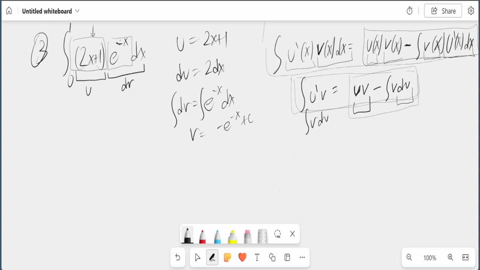We get uv: 2x plus 1 times e to the negative x plus c, minus the integral of negative e to the negative x plus c, and then I'm going to put the 2 in front, dx, right?